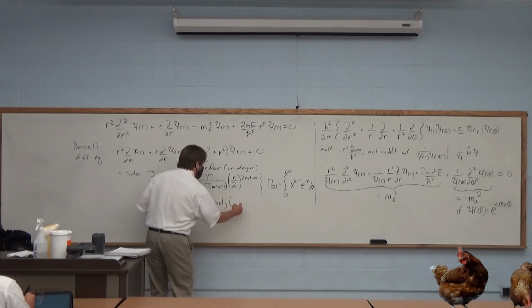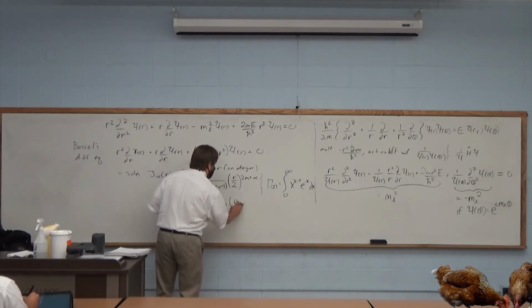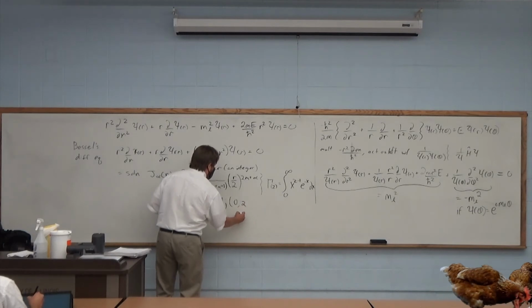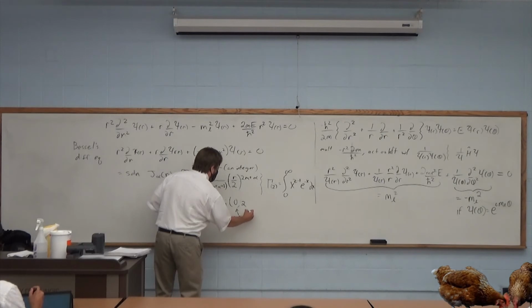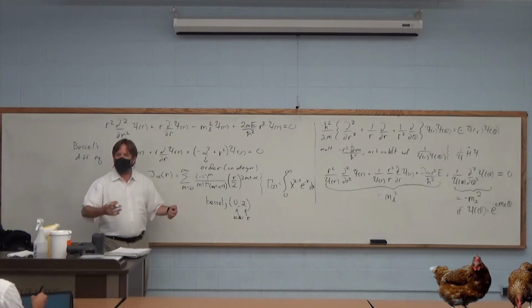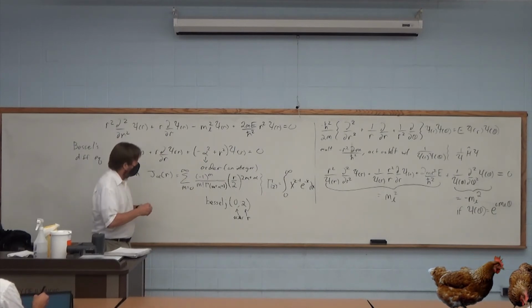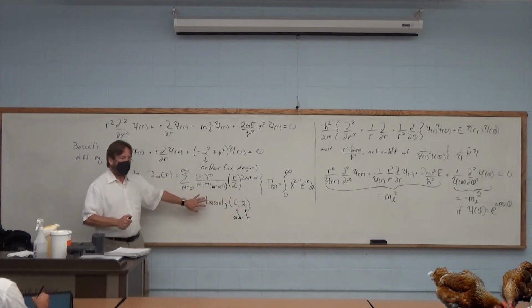Bessel J, you give it the order, let's say 0, and then a number, like 2. You give it a positive number because that would be the radius. Then you hit enter, and it spits out the result.